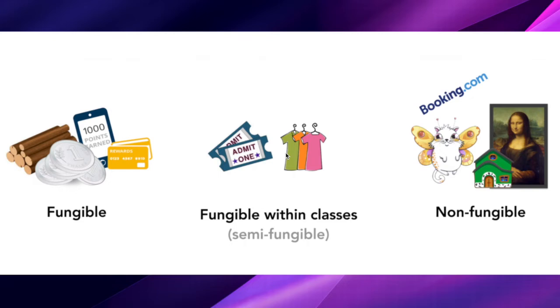Of course, within their classes, those seats are quite fungible. So you can change the ticket of the first class to the same ticket with another date, for example. But you can't change it for business class or economy class and vice versa. So this is something relatively fungible, only fungible in its class.